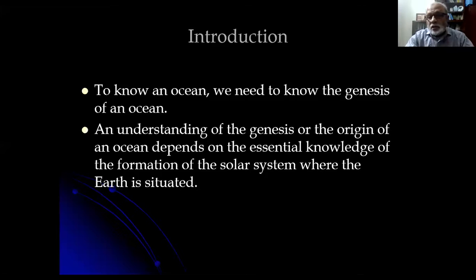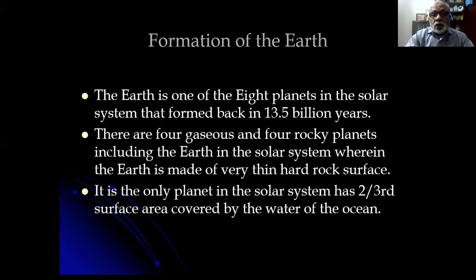is in fact one of the planets, one of the 8 planets in the solar system. So the Earth is one of the 8 planets in the solar system that formed back in, sorry, 13.5 billion years.